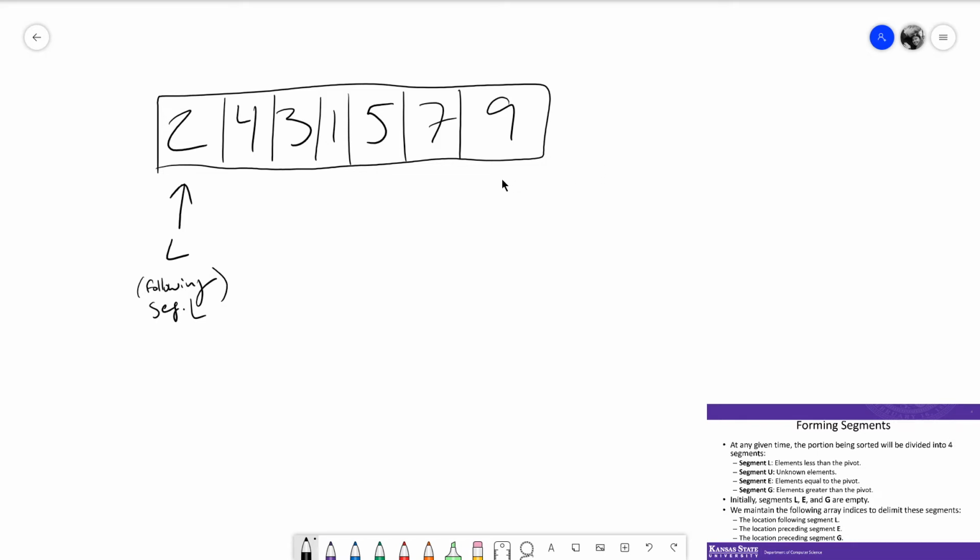So that means G is actually going to be here, the location preceding segment G. So this is preceding G, right? And that means E is also there. So E and G are going to be at the end of our array, and L is going to be at the beginning of our array for those particular indexes.